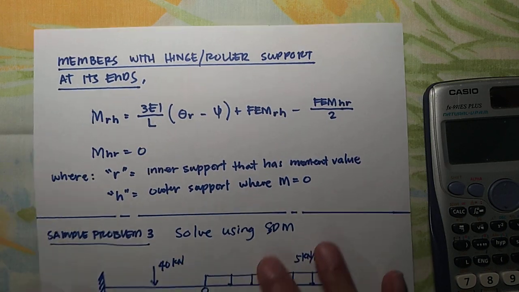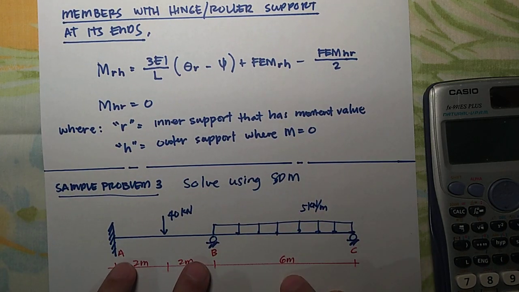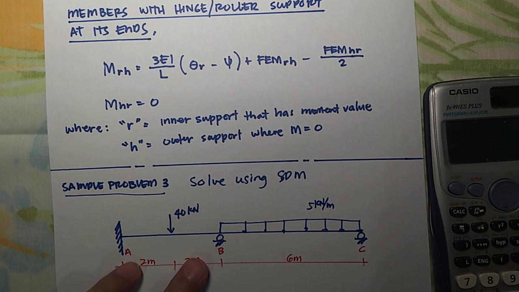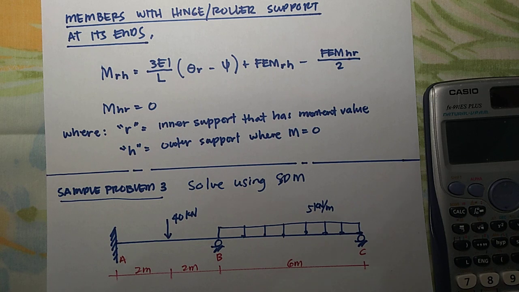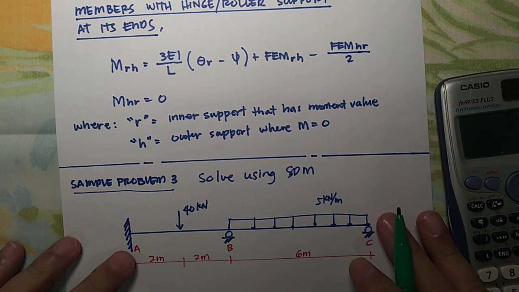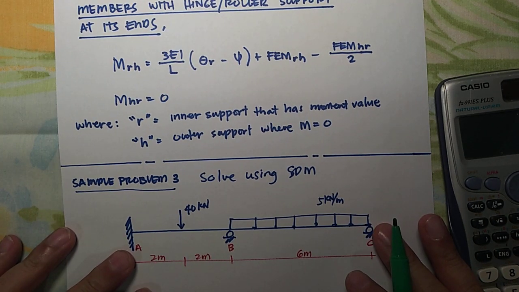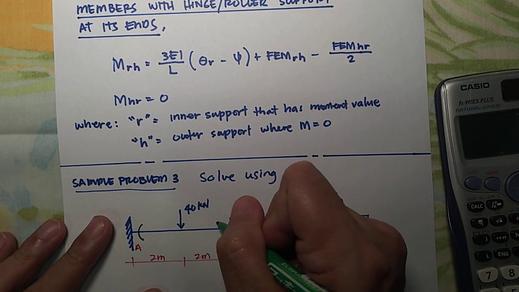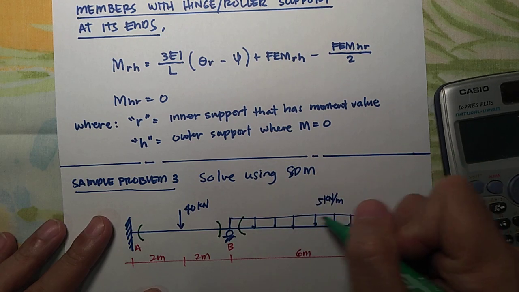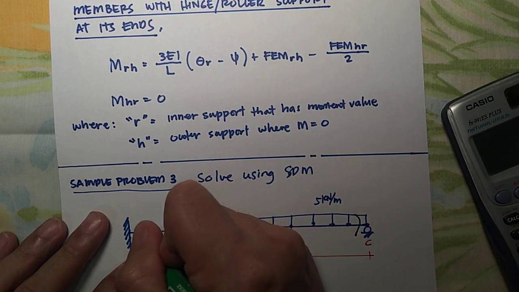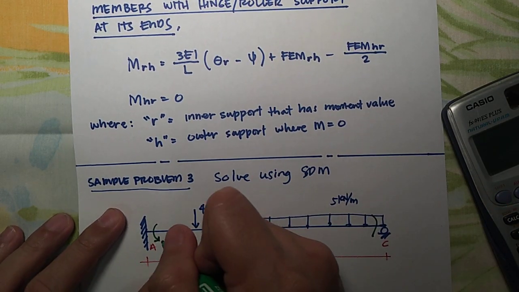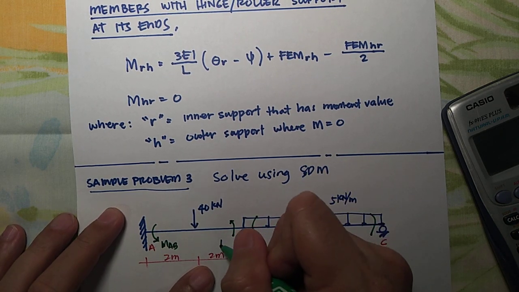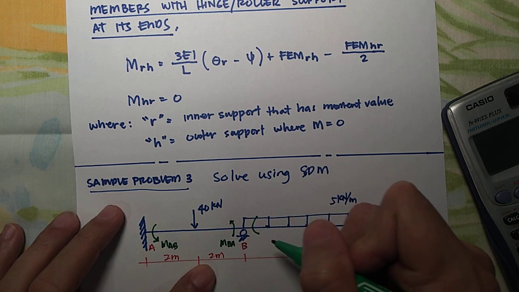Okay. So again, we have two segments here, segments AB and segments BC. So the first step is to designate the member end moments. They are assumed to be counterclockwise. Okay, so this is the moment on AB, counterclockwise, moment on BA.